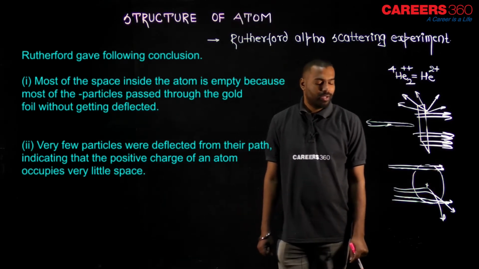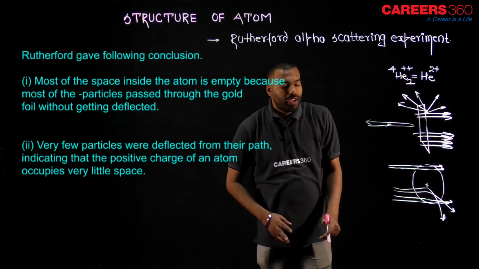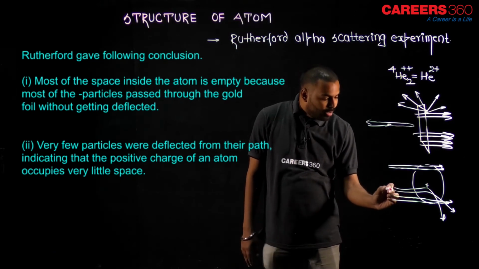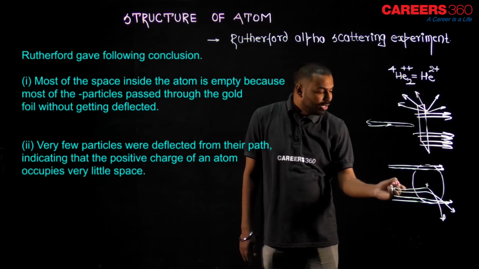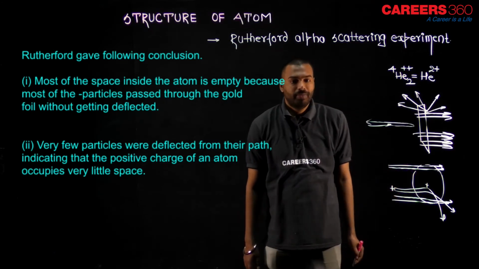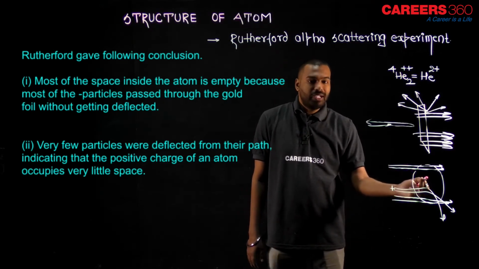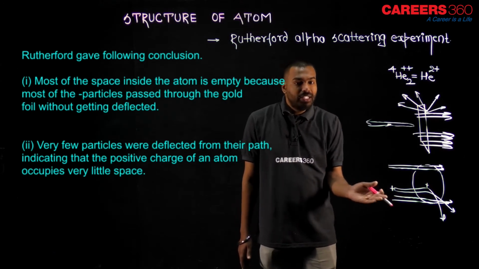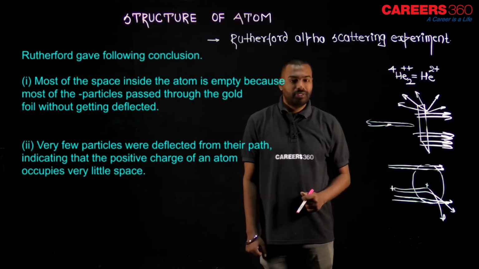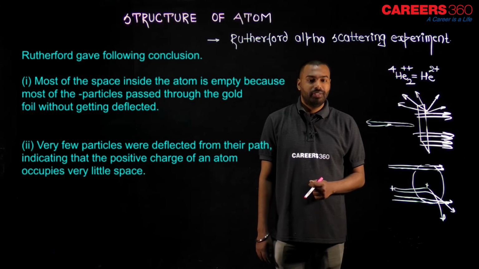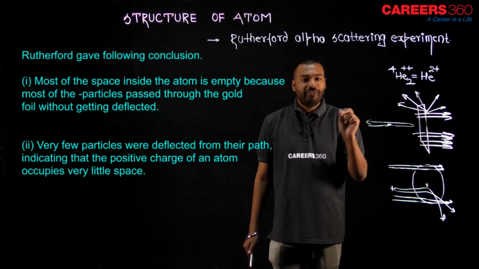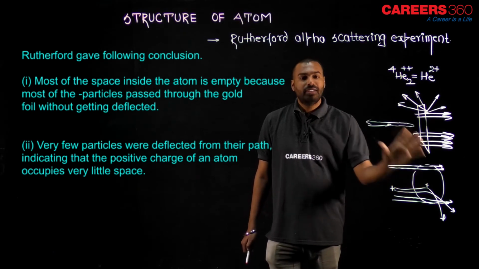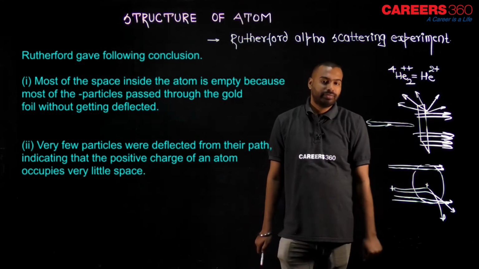Because the alpha ray is already positive, we can conclude that something positive is repelling this positive ray, and that positive charge is at the center, because when a ray crosses nearby the center, we see more deviation. That is why we concluded that a heavy, dense, positive particle is at the center of the atom.